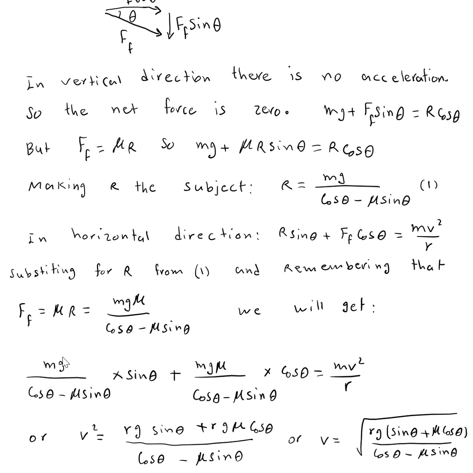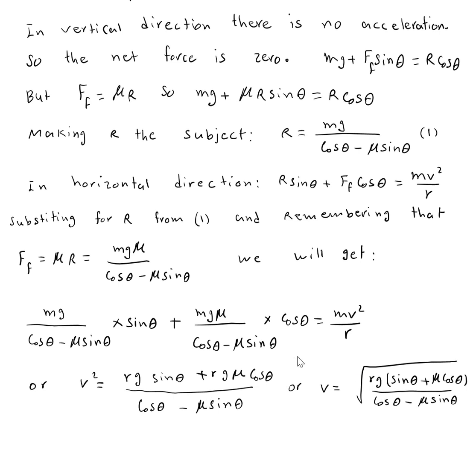So that will give us here mg on cos theta minus mu sin theta. This whole is R times sin theta plus Ff, which is mg mu divided by cos theta minus mu sin theta. That's Ff times cos theta, equal to mv squared on r.